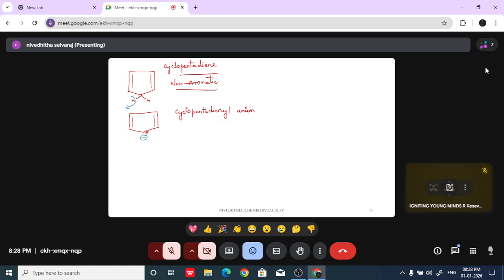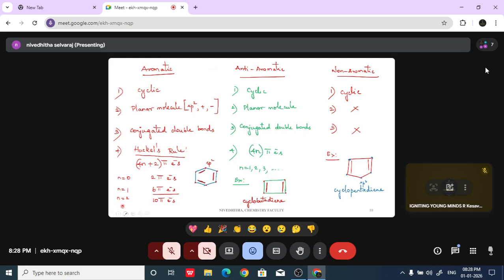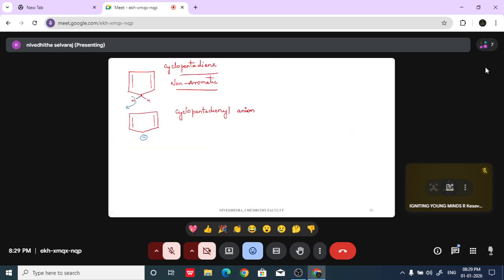But whenever the conjugation is missing, if at that place we have a negative charge, positive charge, or lone pair of electrons, then that is considered to be in conjugation. So here the conjugation is missing, but at that point we have a negative charge, so we can consider that the system is in conjugation.